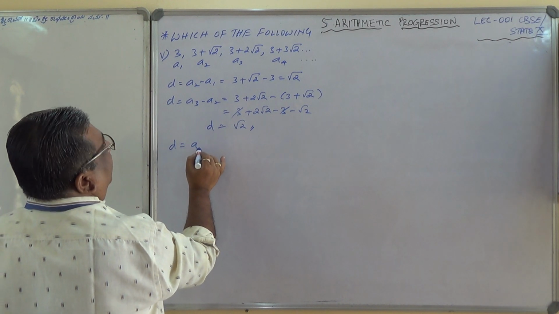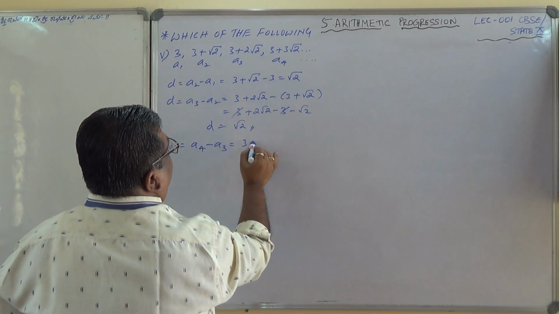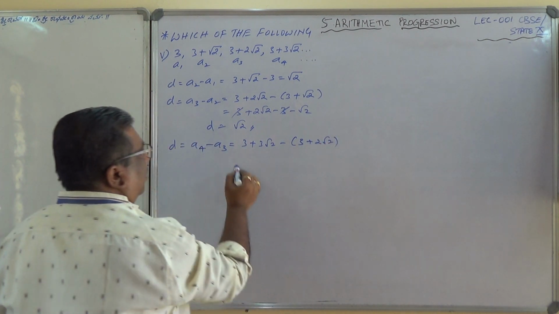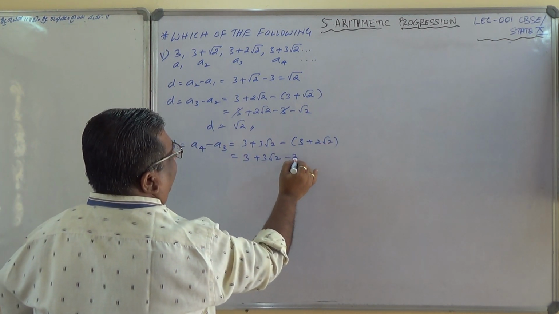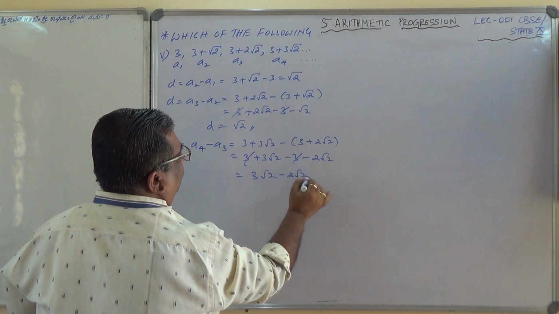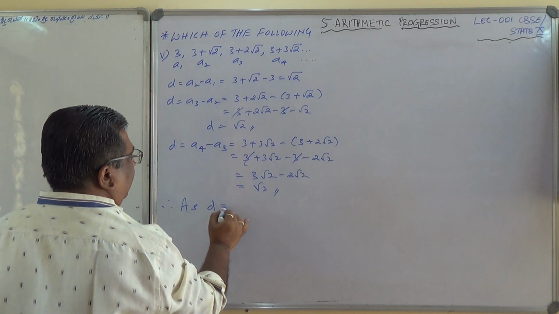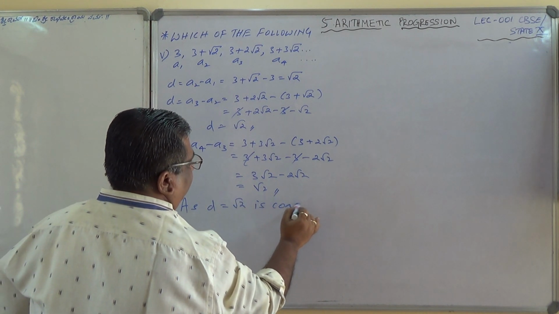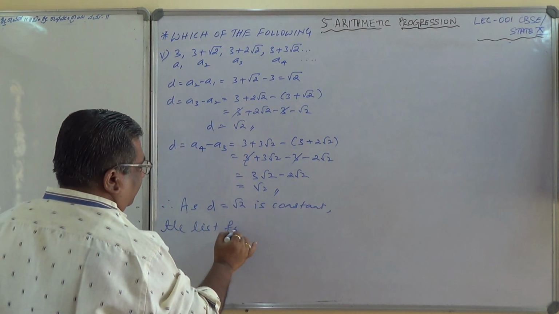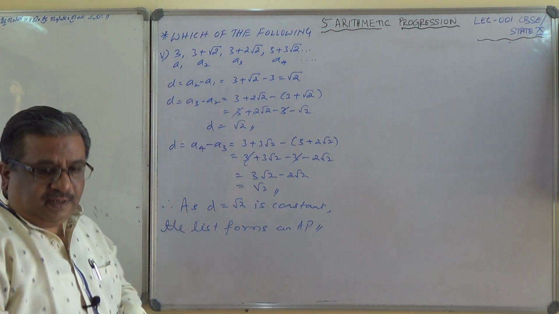Next, D equals A4 minus A3 equals 3 plus 3 root 2 minus 3 minus 2 root 2. This will cancel. 3 root 2 minus 2 root 2 is nothing but root 2. Therefore, as D equals root 2 is constant, the list forms an AP. This is how we can write it. Next one.